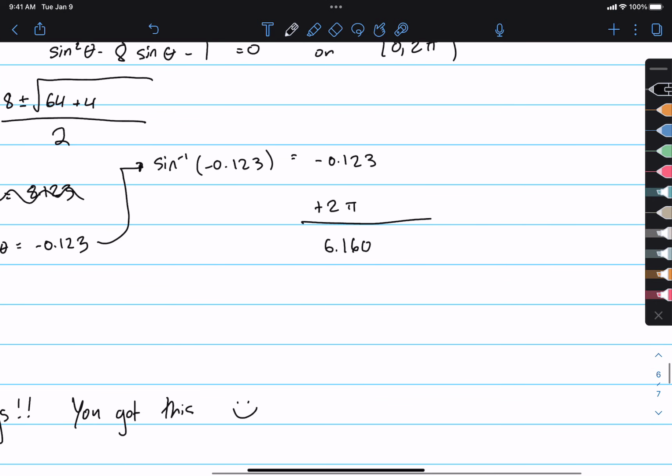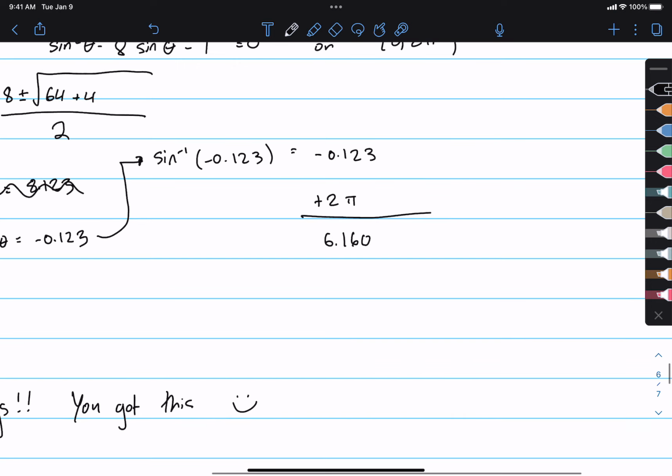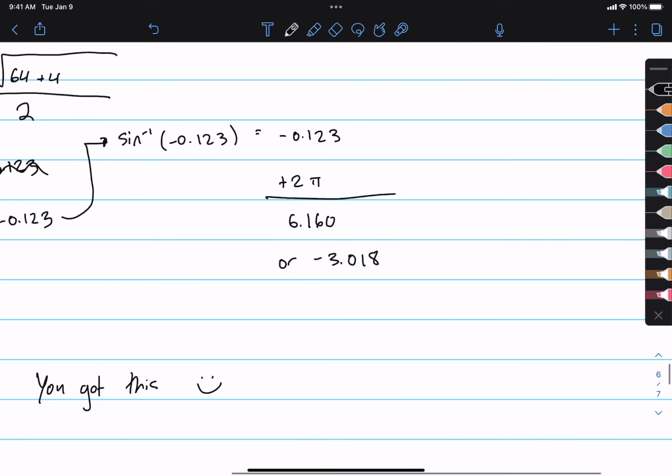So pi minus 6.160, well, that's going to be negative 3.018. But again, this is not between 0 and 2 pi, so we have to add 2 pi to get it back into our interval. And we're going to get 3.265. And these are our two values that work for this, right?